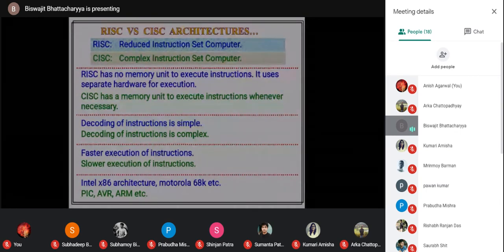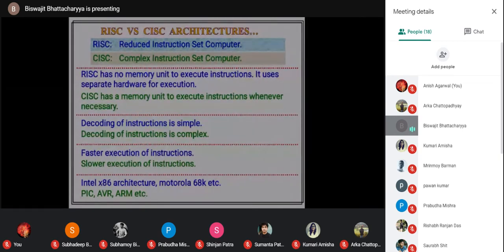And in a RISC processor, as the type of instruction is quite simple, the decoding of instruction is quite simple. Decoding means the pattern of the bits and bytes is decoded and the processor comes to know what to do next according to the pattern of bits and bytes. This is called decoding. Knowing the pattern and deciding what to do next is called decoding the pattern.